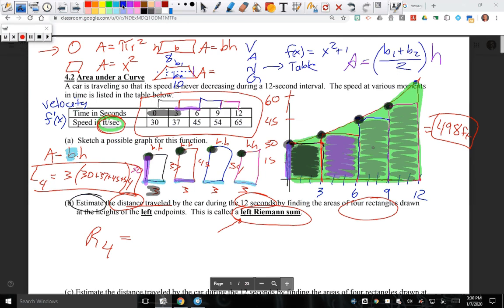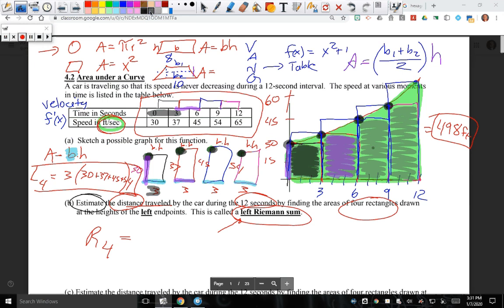Right Riemann sum. Will a right Riemann sum with the same points be an under or an over approximation? Over. Because it's on an increasing function and it's a right Riemann sum. Visually, it looks like this. There's that first one. Here's that second one. Here's this third one. And here's this fourth one.